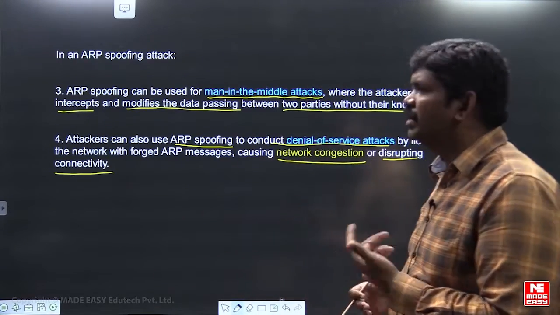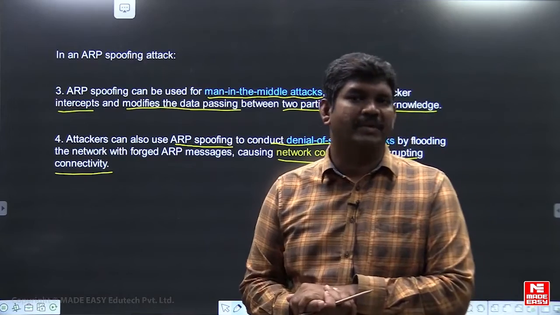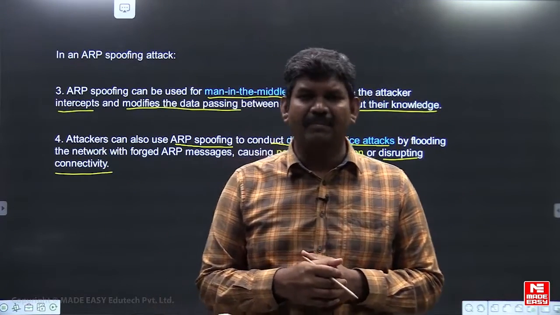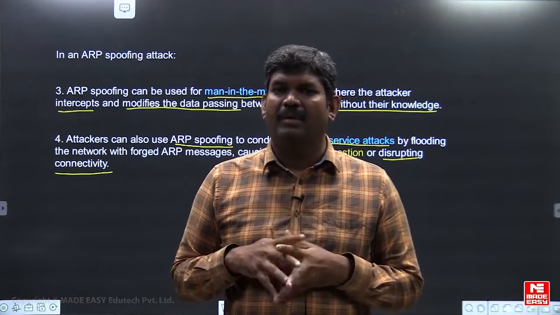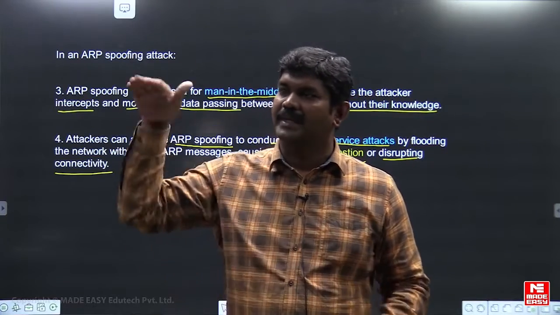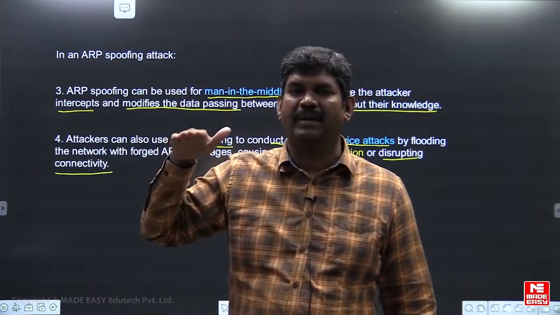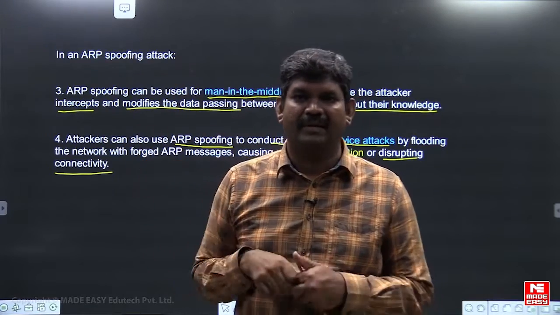Okay. Now, what should be the countermeasures we should take to avoid such types of attacks? Basically, if you observe the OSI model, the data will start from the application layer, then the transport layer, then the network layer, by attaching the headers.